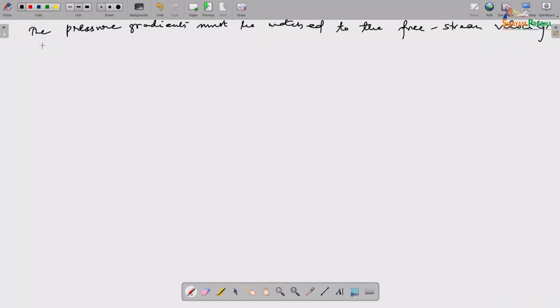So the pressure gradient must be matched to the free stream velocity, which has essentially two components. So this is the velocity. So it has two components, and U2 is also.